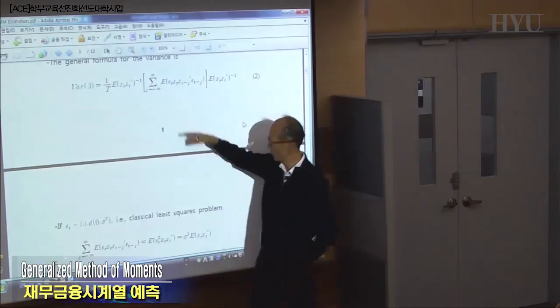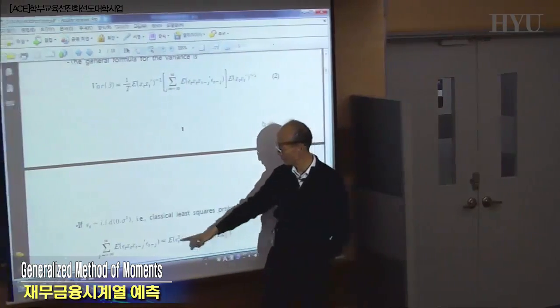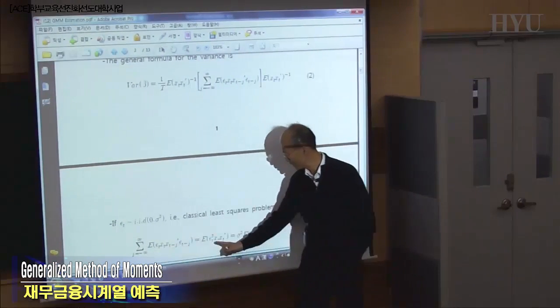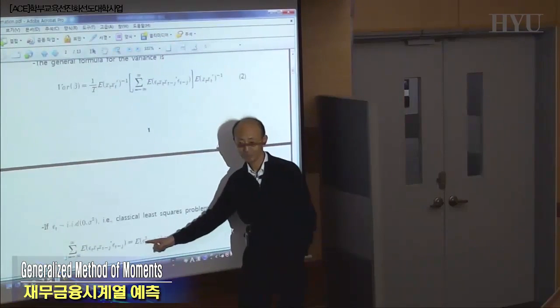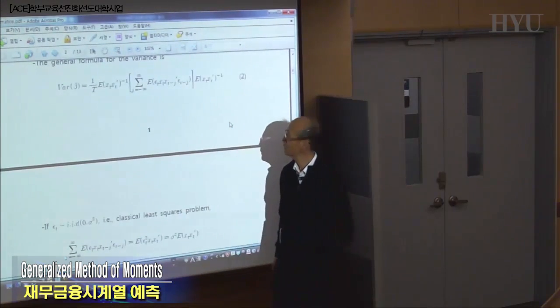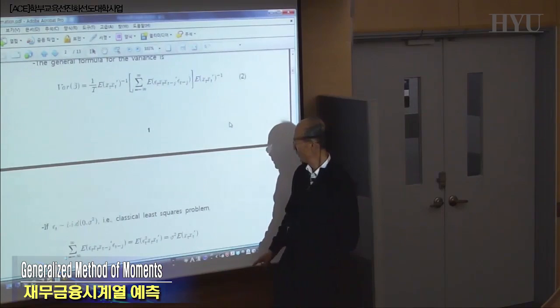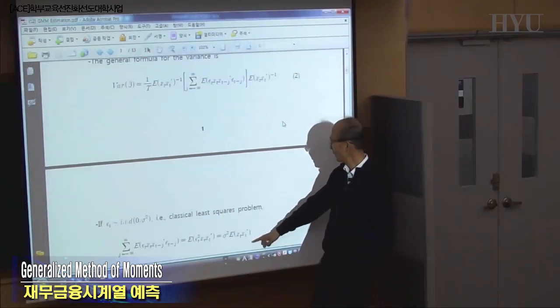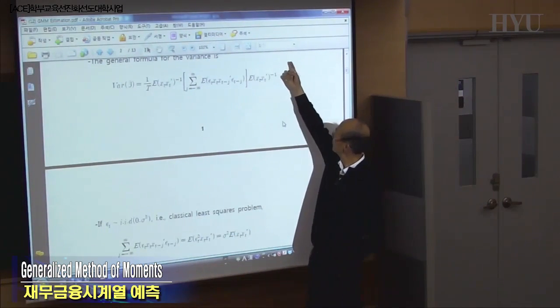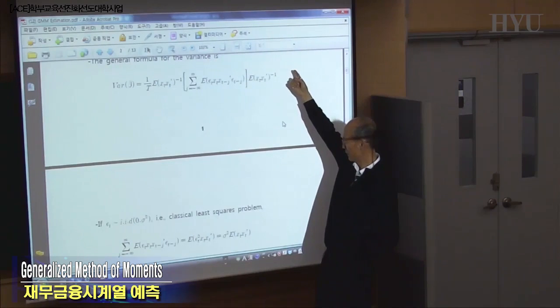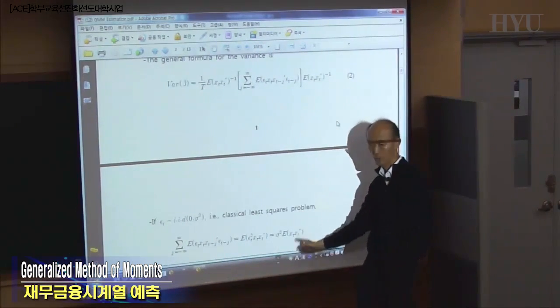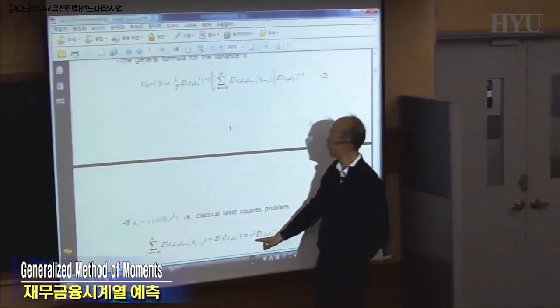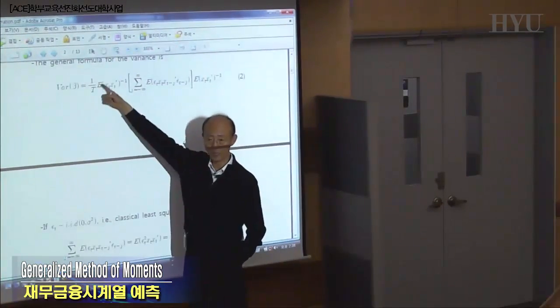All the terms drop out and just this term remains. Then as you can see, some terms cancel out, this one and that one. So sigma squared and this term survive.